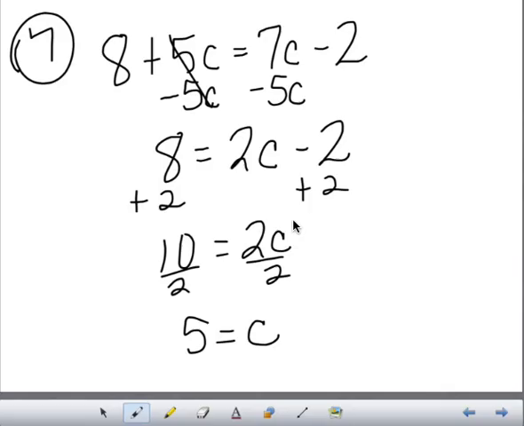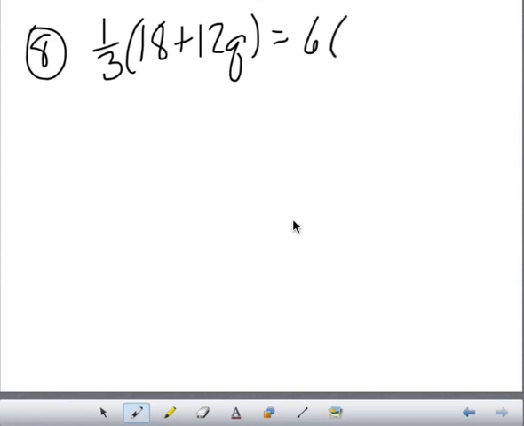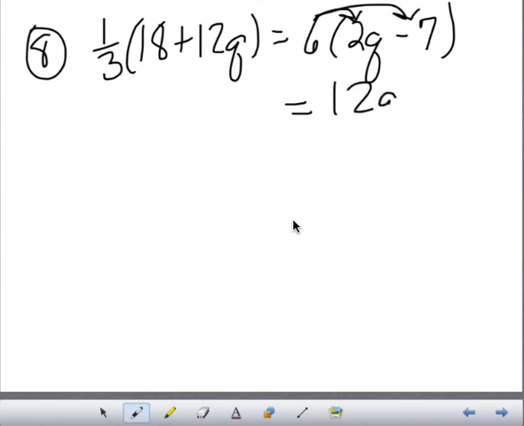All right, number 8. Look at number 8. 1/3 times 18 plus 12q equals 6 times 2q minus 7. All right, what have I got to do here? Got to do my distributive property, which on this side of the equation is going to be real easy, right? 12q minus 42.